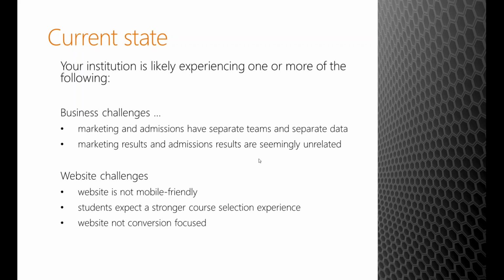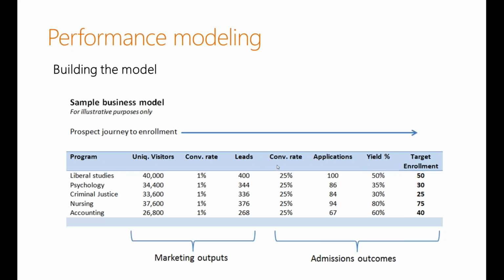So, thanks, Piero. One of the big important areas that we look at is not just the web challenges, but also how you're measuring around this. We're going to talk about problems such as being mobile friendly, students having very, very high expectations in terms of their experience online, and the website not being conversion focused.